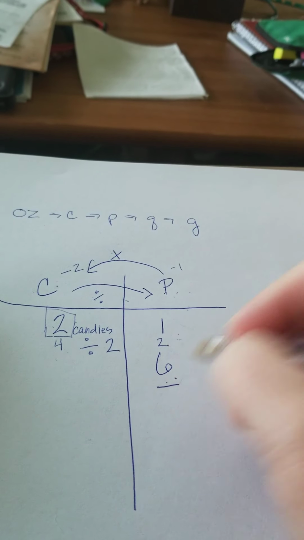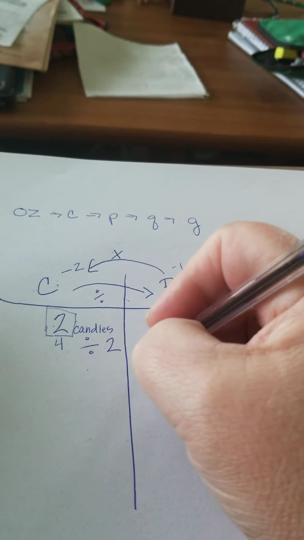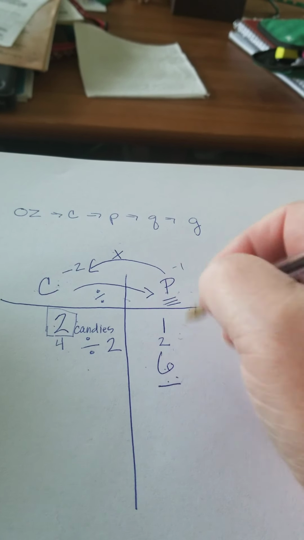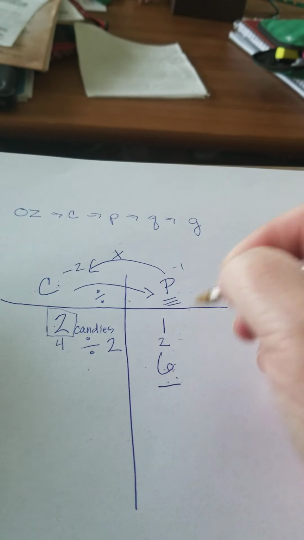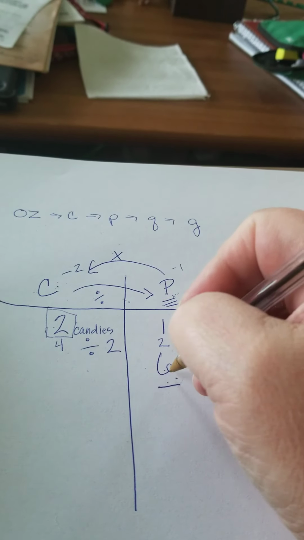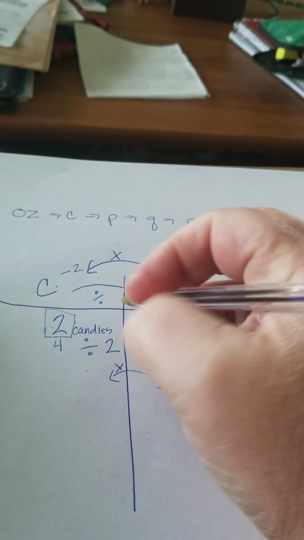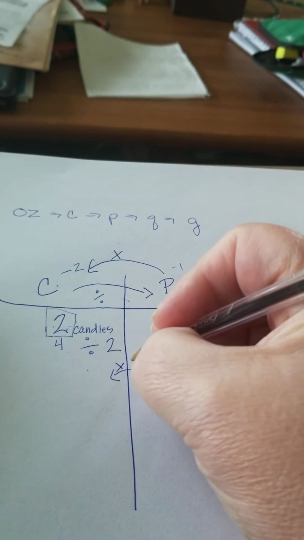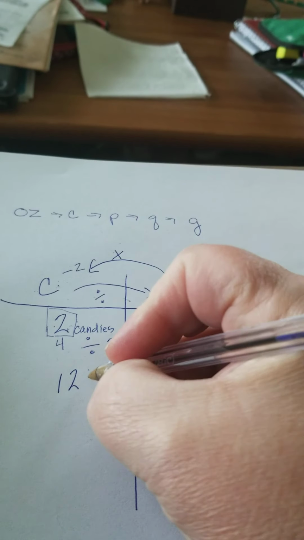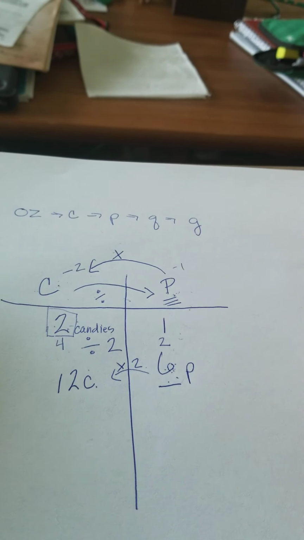If they gave me 6 pints and I need to know how many cups, I go from the bigger measurement, meaning a pint, not the number, meaning the pint is bigger than a cup. So if I go from the bigger measurement to the smaller, I'm multiplying by 2. Which means 12 cups go into 6 pints.